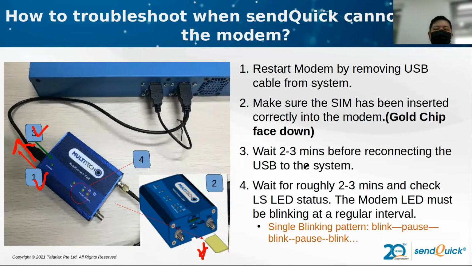The reason you have to wait for 2 to 3 minutes is because the system needs to end the task of searching for the modem. So you have to wait for the system to end the task before you insert the USB back into the system. Once you have reinserted the USB, wait roughly 2 to 3 minutes to check the LS LED status, which will be here.